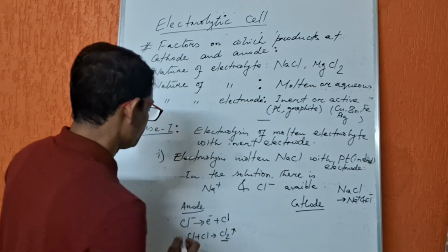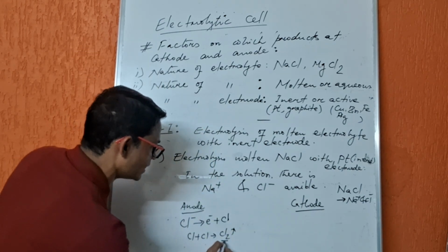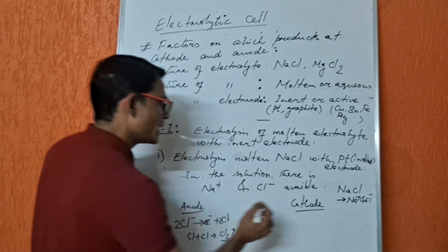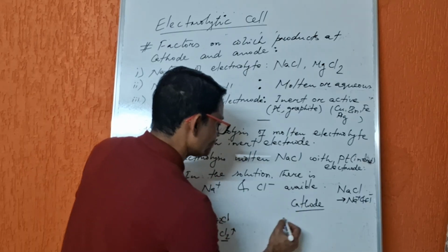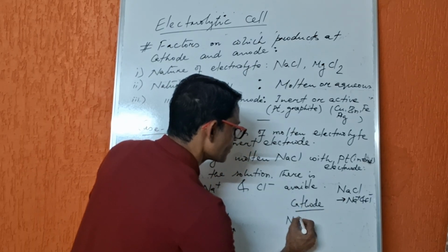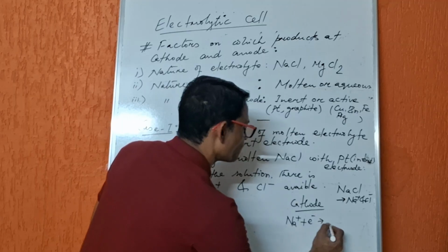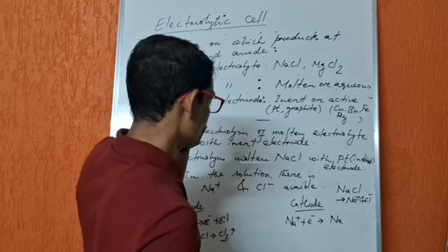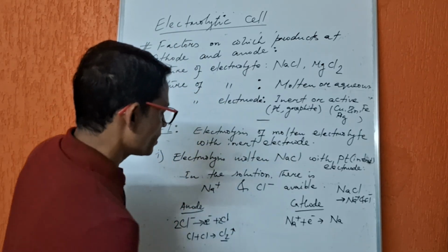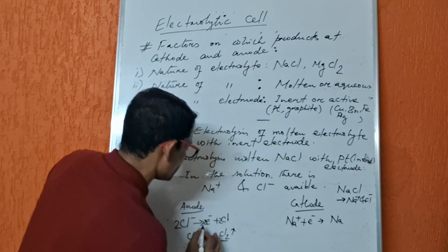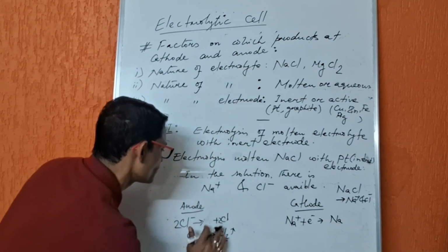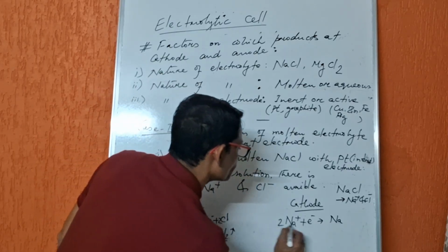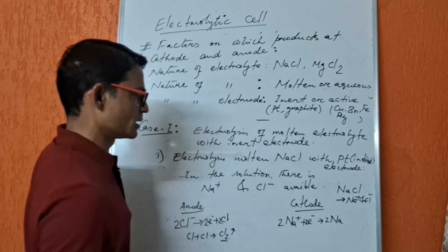At cathode the cation will accept the electron and form Na in atomic form. If we balance the electrons, 2 electrons here and 2 electrons here.